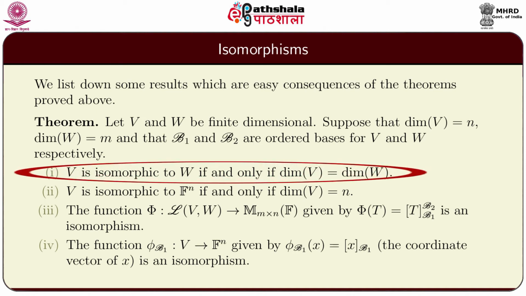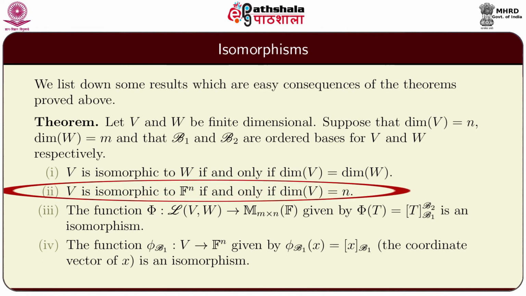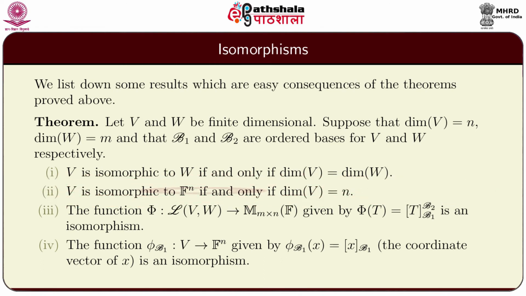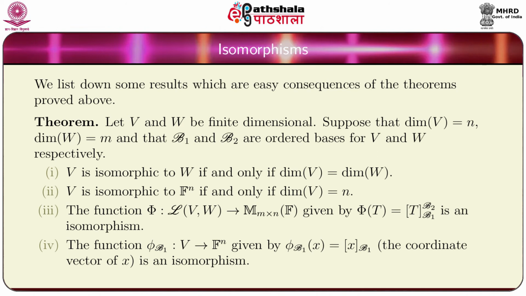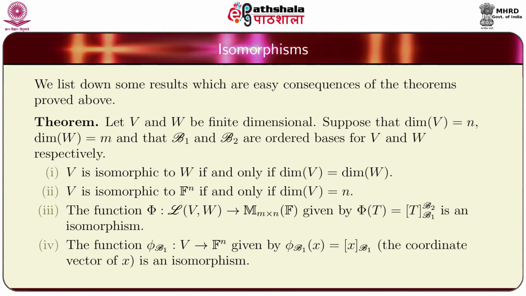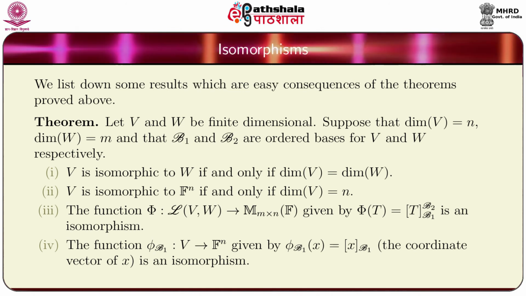V is isomorphic to W if and only if the dimension of V is equal to the dimension of W. 2. V is isomorphic to F to the power n, that is the vector space over the field F, the Cartesian product of F n times, if and only if the dimension of V is n.